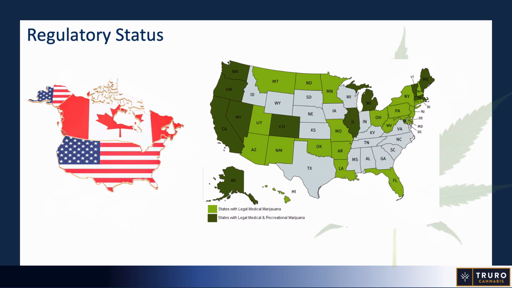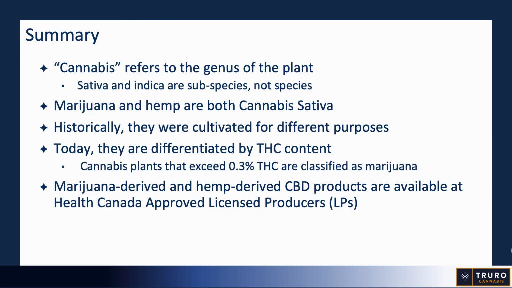In summary, scientifically speaking, cannabis refers to the genus of the plant. Sativa and indica are subspecies, not species, and marijuana and hemp are both Cannabis sativa. They're just different types of Cannabis sativa. And historically, they were cultivated for different purposes.